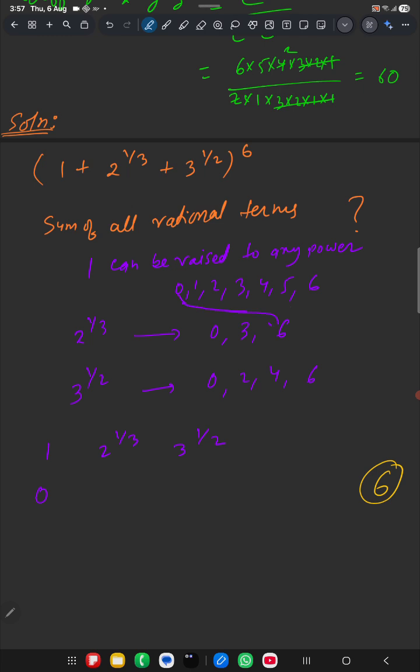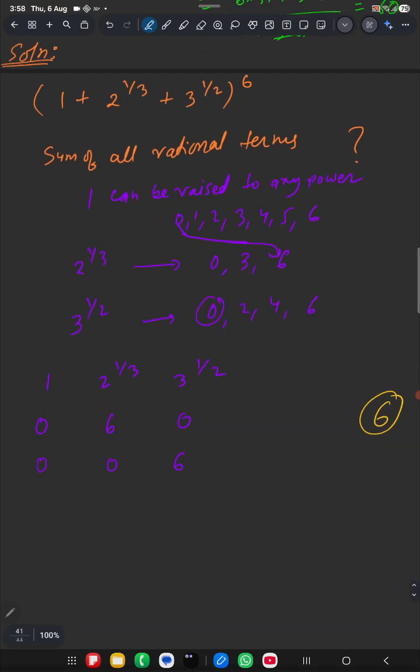Either you take 6 from here and 0 from here, or you can take 0 and 6 like this. So we can take like this also, 0, 0 and 6.